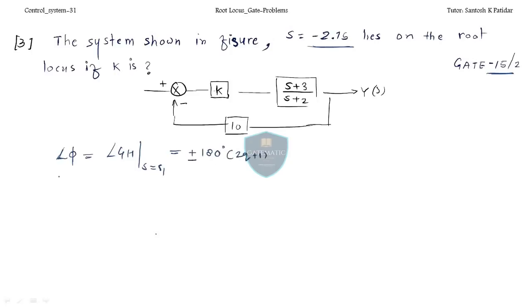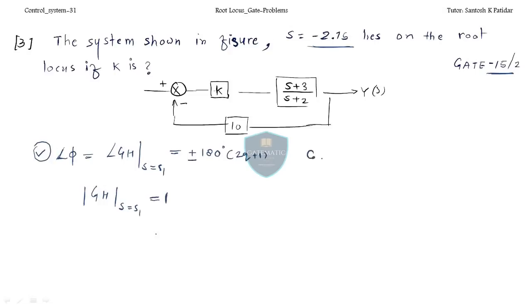If your system satisfies the angle condition, it will definitely satisfy the magnitude condition also. The magnitude condition is that you take |G(s)H(s)| at the particular point s1 and compare it with 1. In this question it is predefined that the point is on the root locus, so you need not check the angle condition.